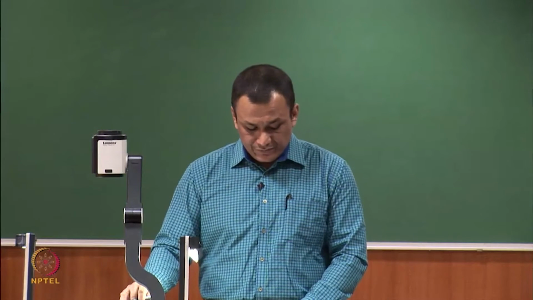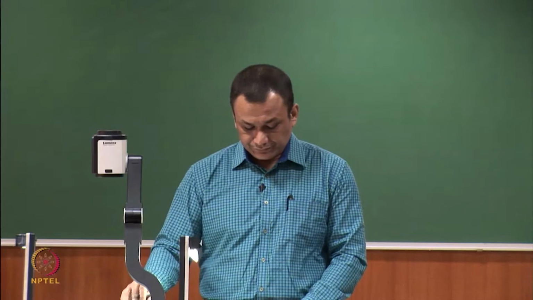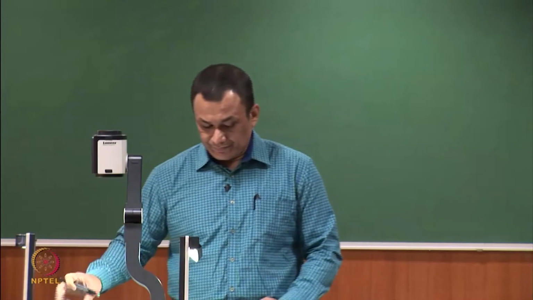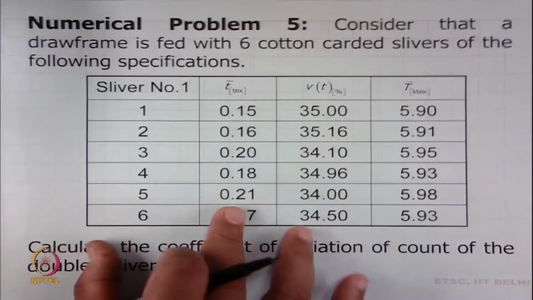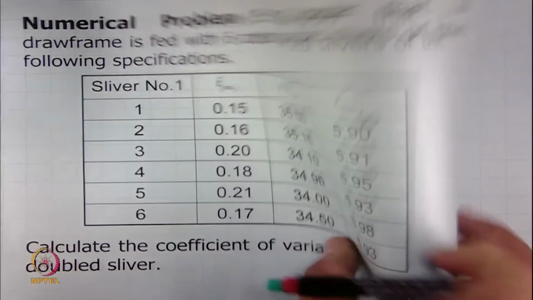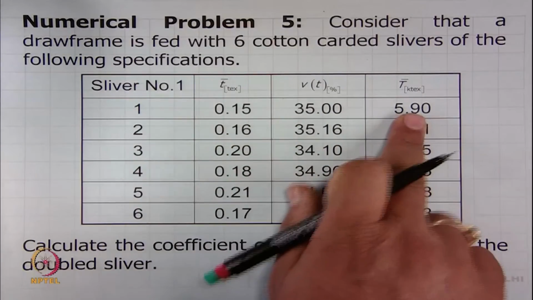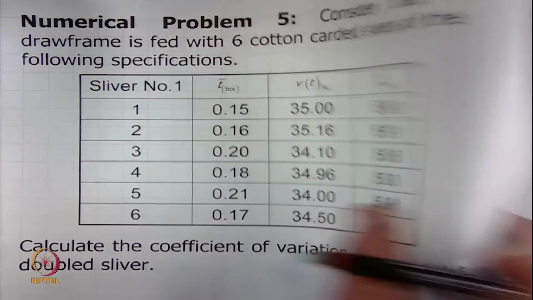What we have to do is find out the variance of the double sliver, the mean of the double sliver, and from there the CV. But before that we have to use Martindale's formula to find out the CV of individual slivers, is it not? So, let us do that.